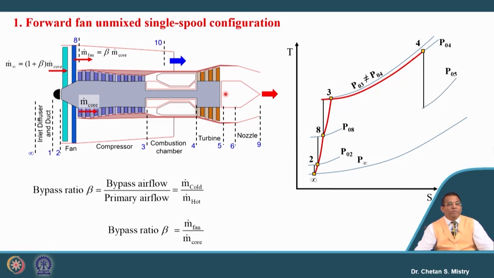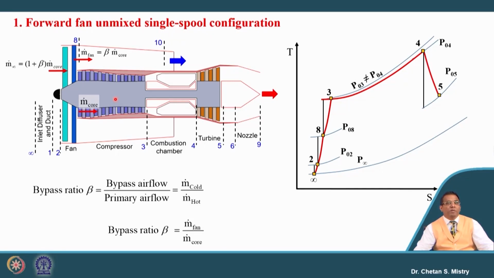The component we have from 4 to 5 is our turbine, and this turbine is mainly used to rotate the compressor as well as the fan, since we are having only one spool. So, here the fan, compressor and turbine are on a single spool.